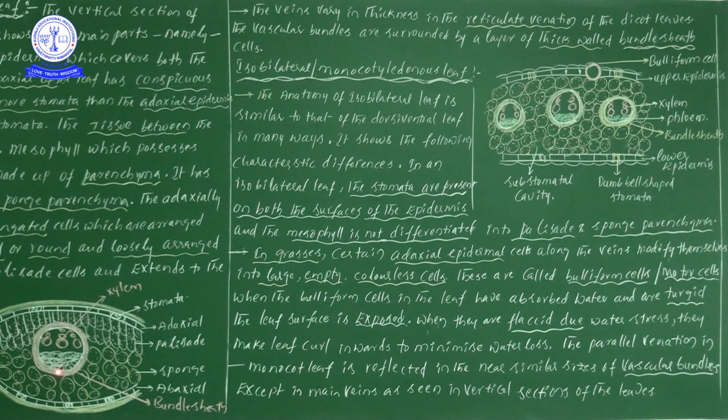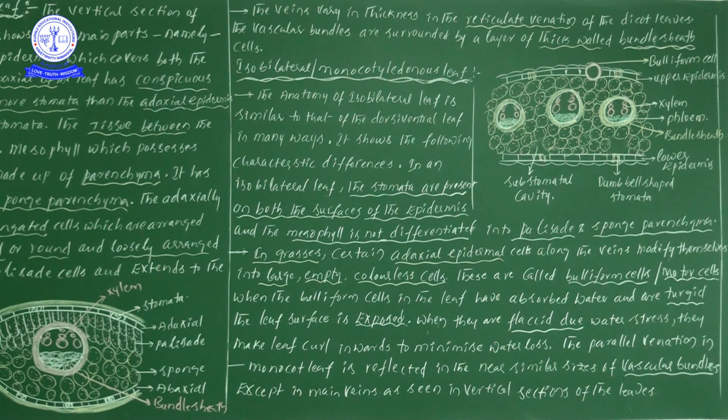Later it is transformed into collenchymatous cells. So this bundle sheath cell is initially parenchymatous, and later it is developed into collenchymatous.